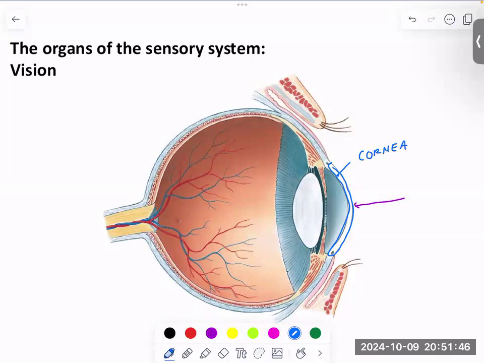You have a special set of muscles right here. This muscle will open and close this space. The space here is called the pupil.